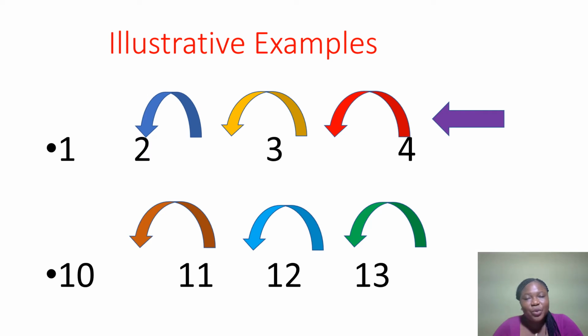The arrows are not showing well, but I know we are doing it correctly. Then from 3, we move again to 2. Then from 2, we move to the next number, which is 1. So in all this, we are counting backwards.